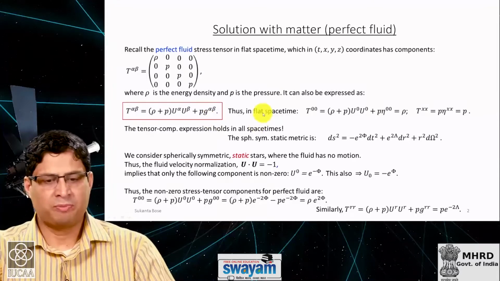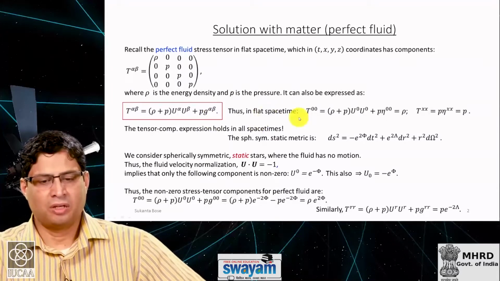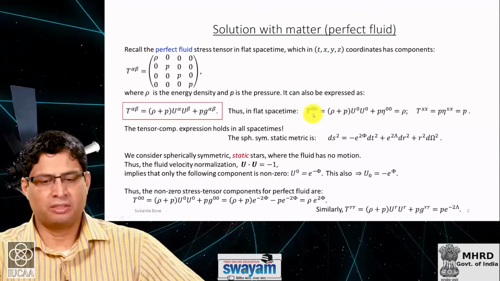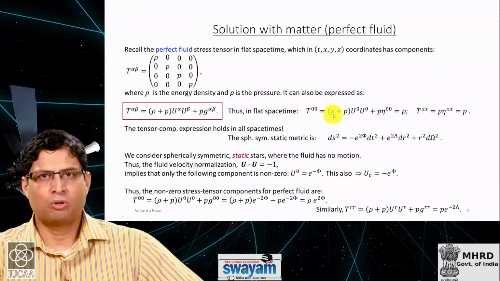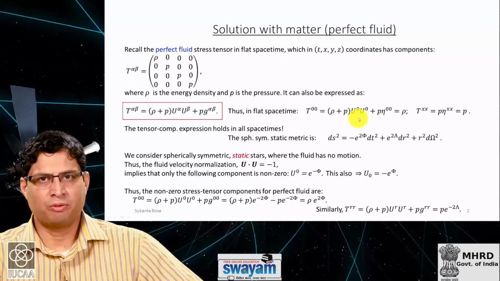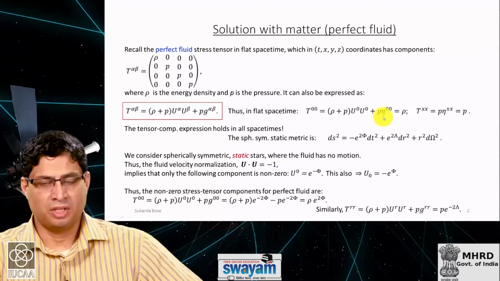And so, in flat space time, a familiar terrain, you will notice that the time component of the stress tensor is just rho plus p times this quadratic in the time component of the 4 velocity vector, plus pressure times the inverse g 0 0, or therefore eta 0 0, because we are in flat space time.